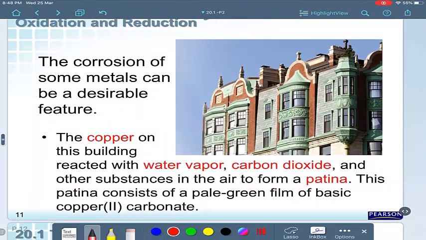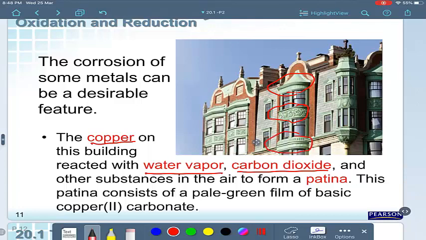Look at this example. Corrosion of some kinds of metal, like copper here. Copper in buildings. They sometimes put copper in buildings to make them beautiful. Why? Because copper reacts with oxygen in the presence of water vapor or carbon dioxide and other substances to form this green substance as a layer on the copper.